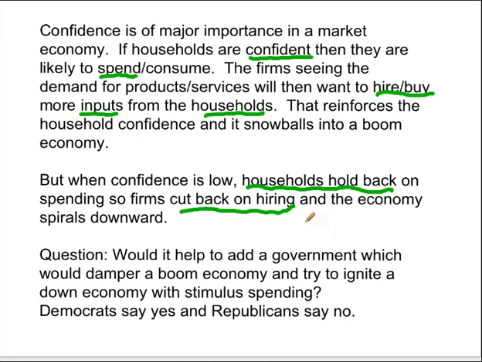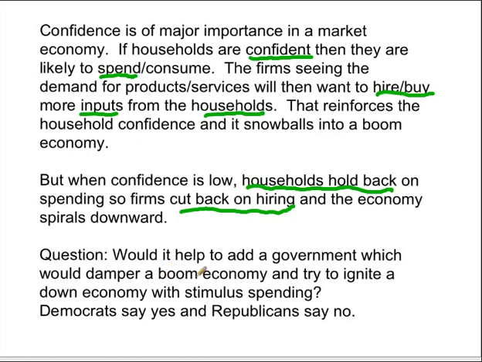And then if GM lays off workers, then the households have less income to spend, and so the auto workers don't buy swimming pools, and so the swimming pool workers, some of them get laid off. And so then the economy can spiral down. So when it's up, it's really up, and when it's down, it's really down. And so that's one of the great weaknesses of the type of system that we have. It tends to a boom or bust.